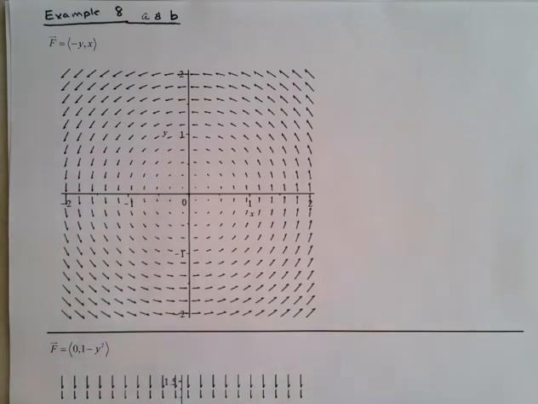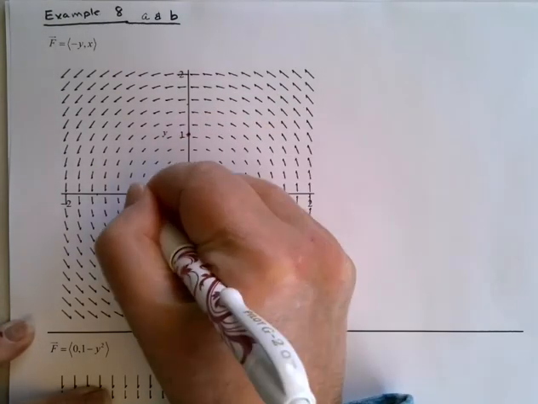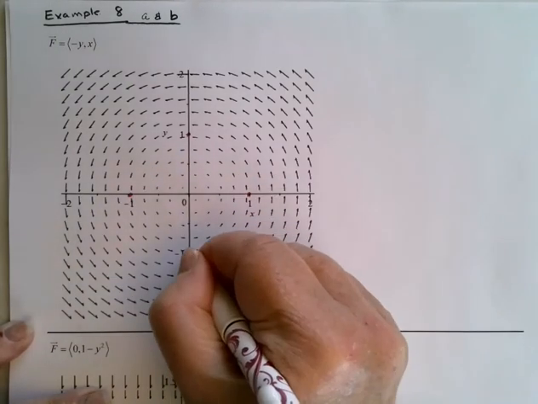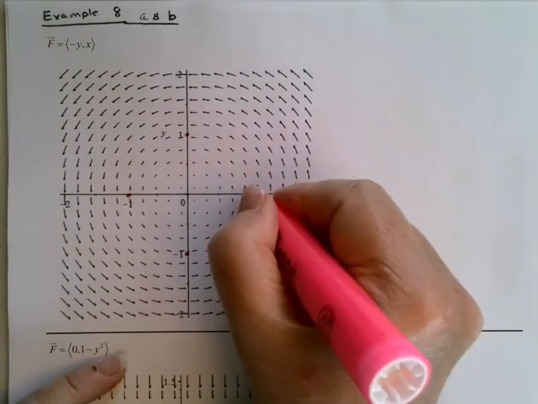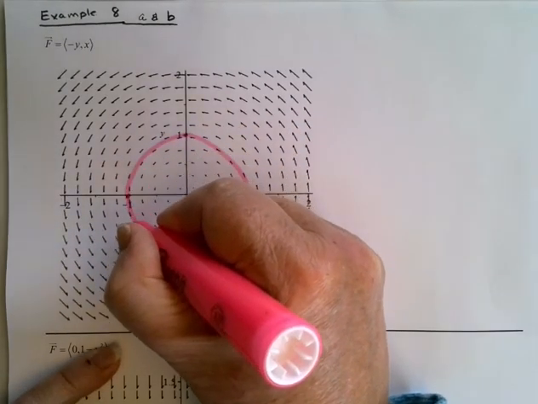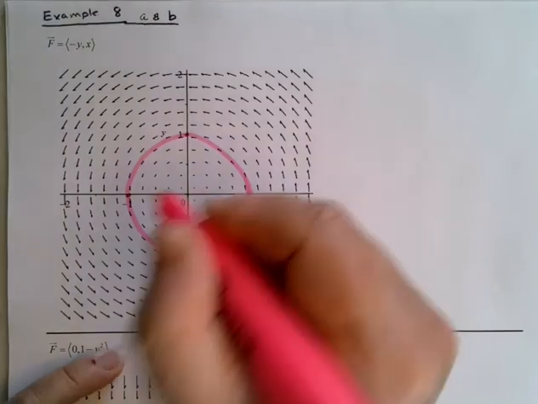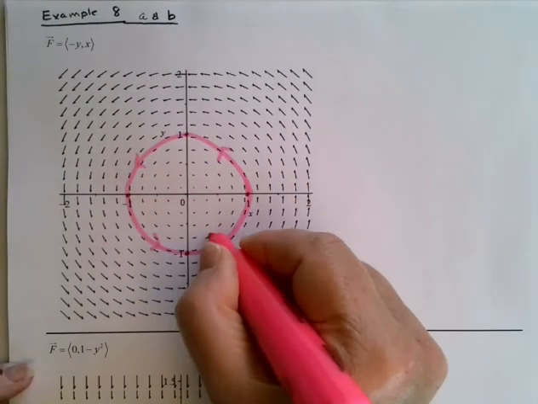And remember, we were going on the path around the unit circle. That was actually true for both of them. So the unit circle, just a circle of radius 1. There we go. We were going around counterclockwise.